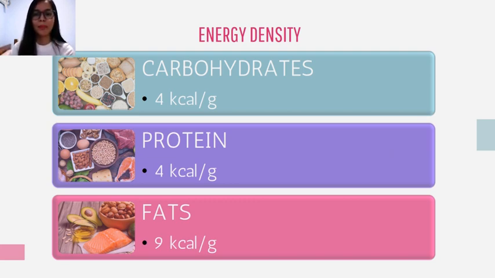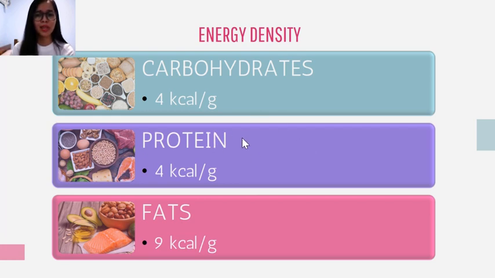Because carbohydrates have only 4 kilocalories per gram, and fat has 9 kilocalories per gram, the metabolism of glucose yields less energy than the metabolism of fat. However, our body prefers to use carbohydrates, or glucose, as its primary source of energy.